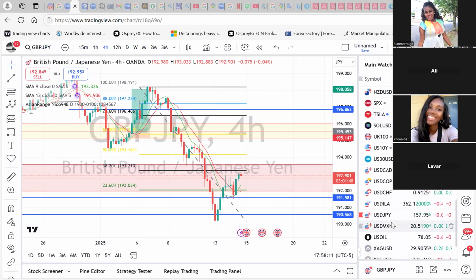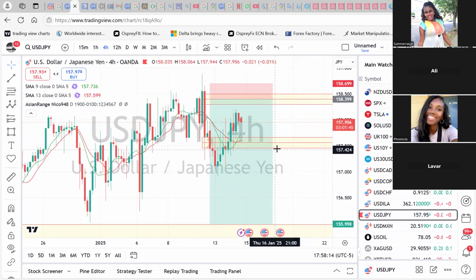So, a very quick recap of UJ. In this area, there's a 4-hour bearish order block on UJ that was done last Friday during the NFP. There's an imbalance in there. If you drop down to the 15-minute, there's an imbalance right here.